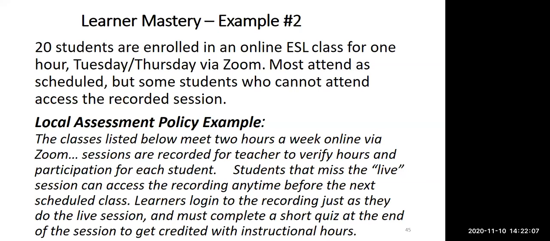Most students are synchronous, but a very small number might be asynchronous because they missed the class and have to access the recording. So here we're listing that they're meeting 2 hours a week via Zoom. Sessions are recorded to verify hours. And we're stipulating those that missed the live session can access the recording.